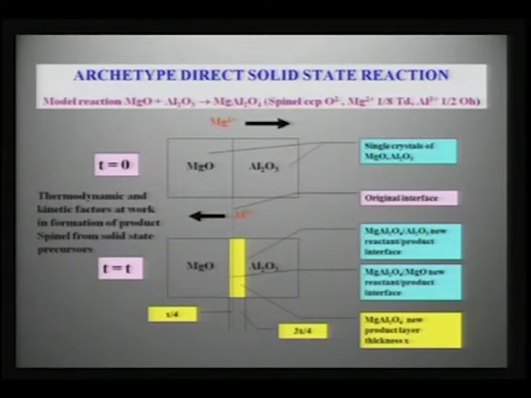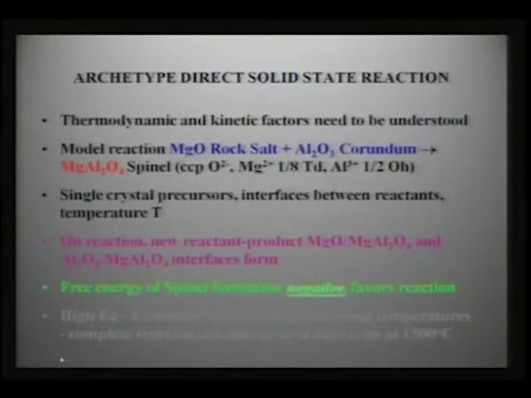So in this solid state reaction you can see thermodynamic and kinetic factors are at work, both are playing a vital role in the formation of this product. The spinel is formed eventually because of the solid state precursors. So what are all the issues that are happening during this solid state reaction?